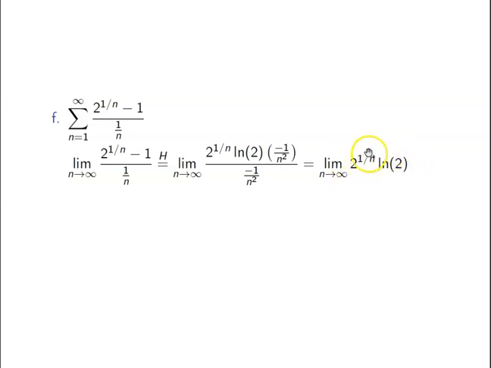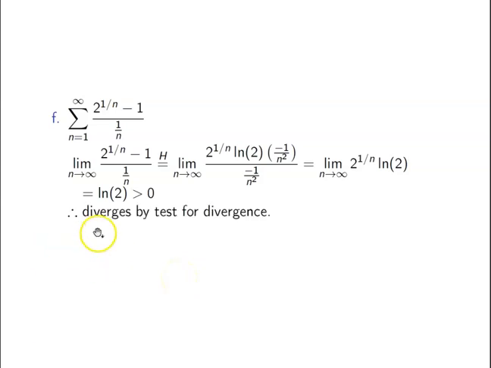Here, we know that this is going to go to 0, so this whole thing is just going to go to 1. So this limit is natural log of 2, which is a positive value, which means that it does not go to 0. And so by the test for divergence, it fails. There you go. Therefore diverges by the test for divergence.